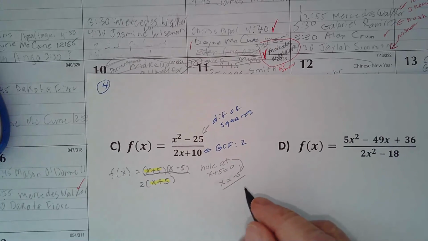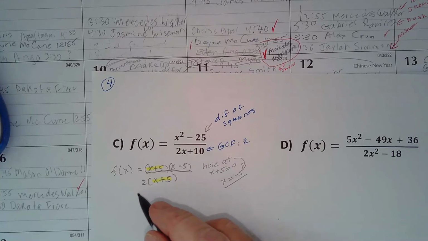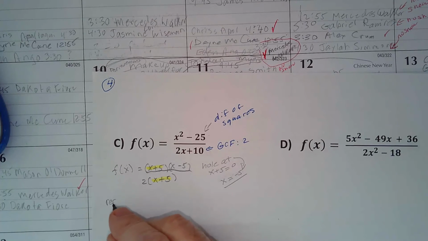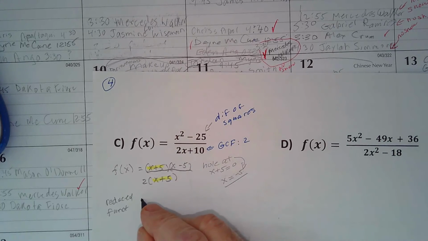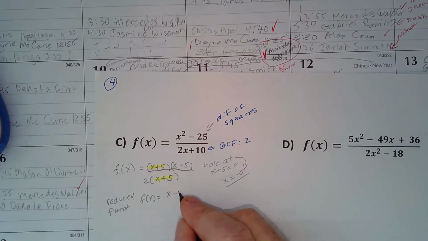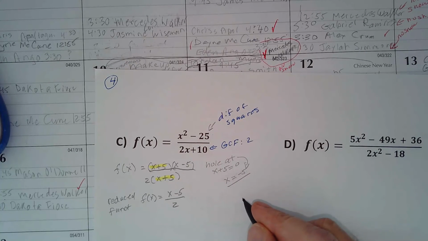All right, so now you're going to take the reduced fraction. So the reduced fraction, or reduced function, I'm sorry, is what's left. So you've got f of x equals x minus 5 in the numerator and just 2 in the denominator. Okay?